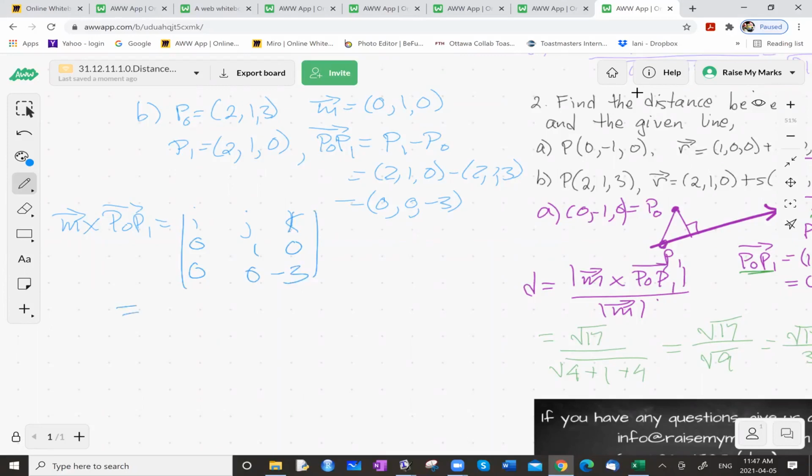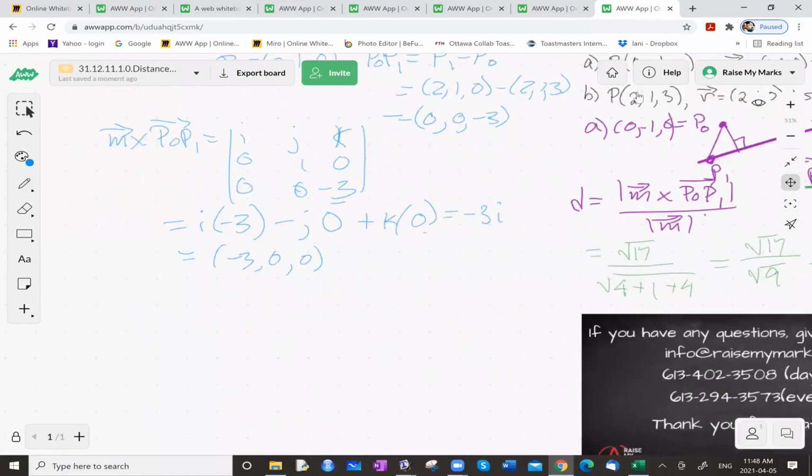This equals i times 1 times -3, which is -3, minus 0, minus j times 0 times -3 minus 0 times 0, plus k times 0 minus 0. So our cross product is the vector -3i, or in coordinates -3, 0, 0.